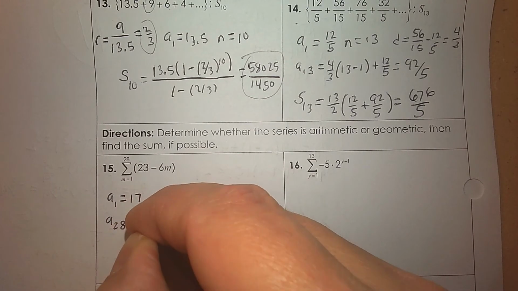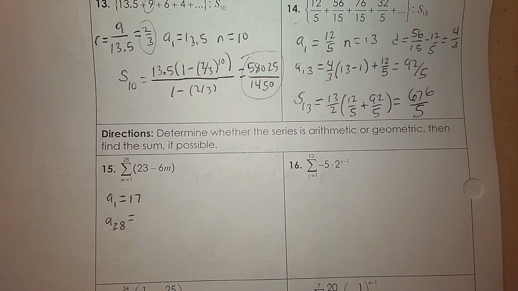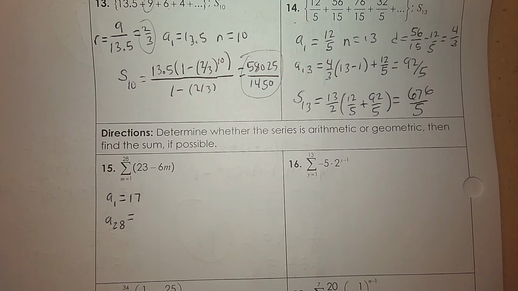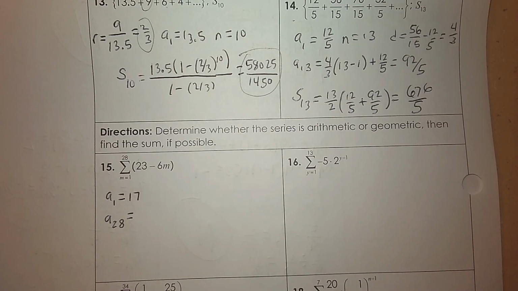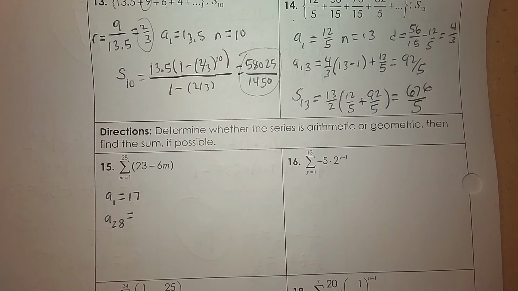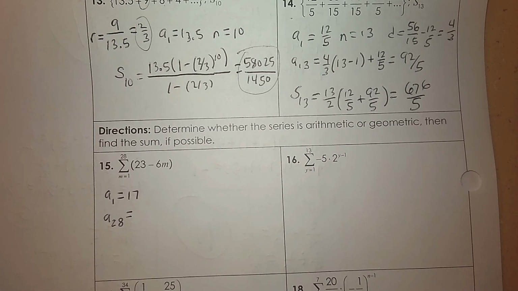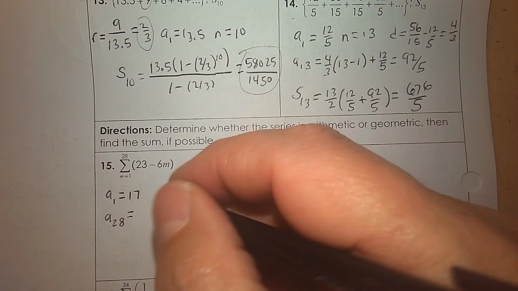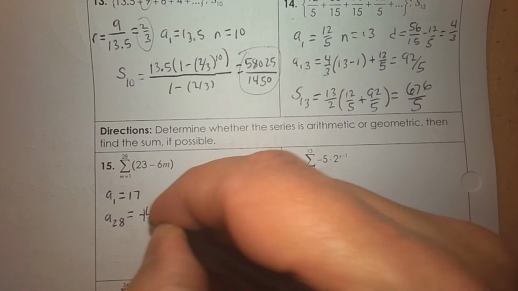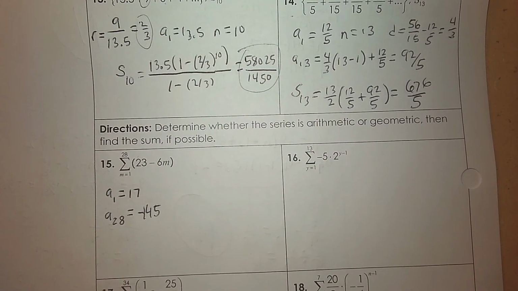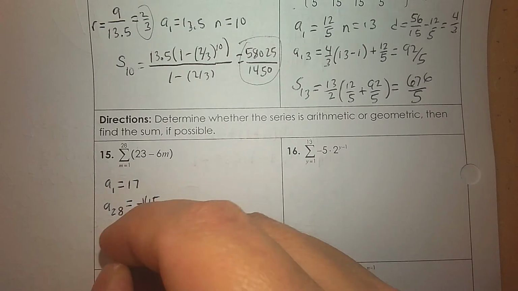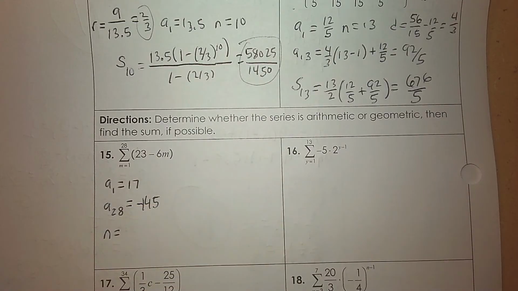So the last term would be 28. So if you plug in 28, you can use your calculator. 23 take away 6 times 28. Negative 145. And then, what's the last thing I need to know? The number. How many terms are there? 1 through 28.